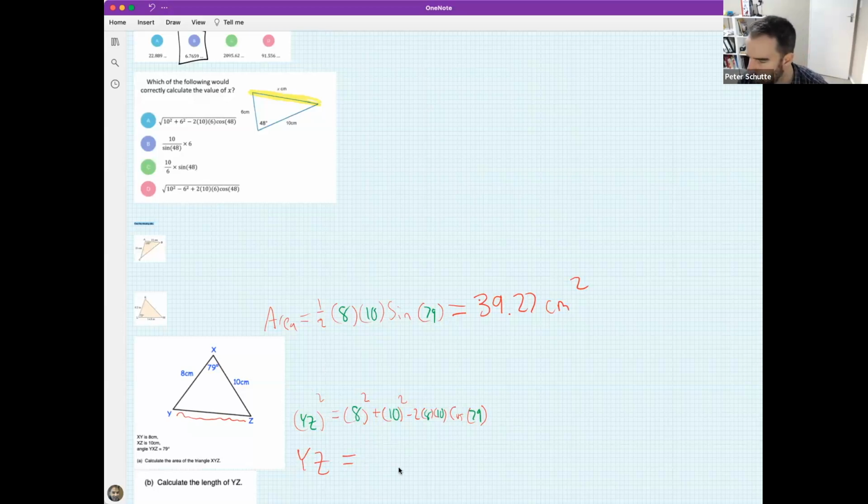Who has an idea of what we're going to get for the YZ value? And then I'll come back to you, Atule. Okay, so based on my calculator, I see we're getting 11.55 centimeters.